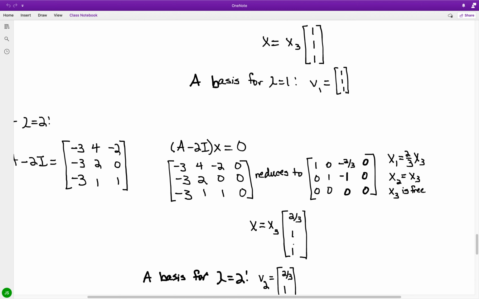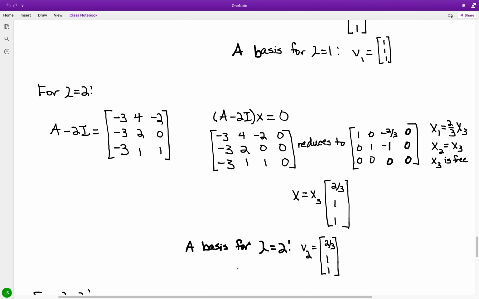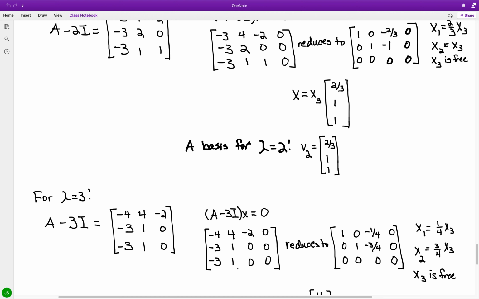And again, with x of 3 a free variable, we can insert the 1 at the bottom, alongside the variable coefficient x of 3. We have the basis for lambda equal to 2, which we can say is 2/3, 1, and 1.